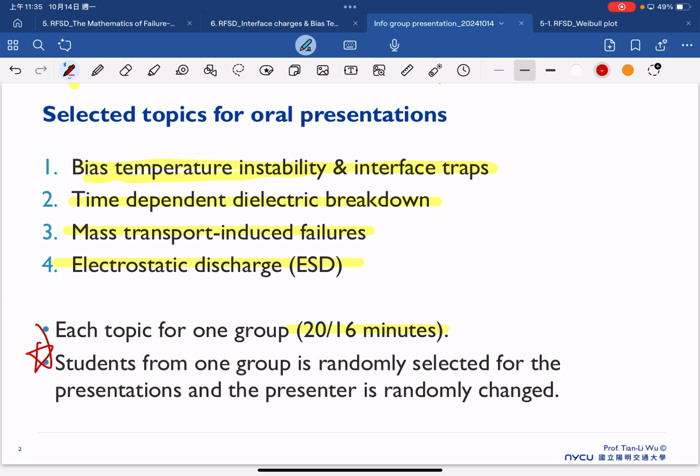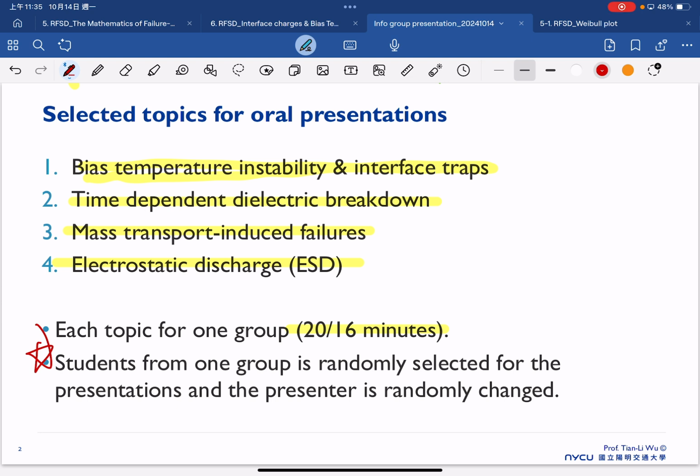As I said, the purpose is to give everyone the chance to be a nice team to work with everyone. So with this rule, you won't know which part you will present, because it's all determined by me. The only thing you can prepare is that you need to understand everything.